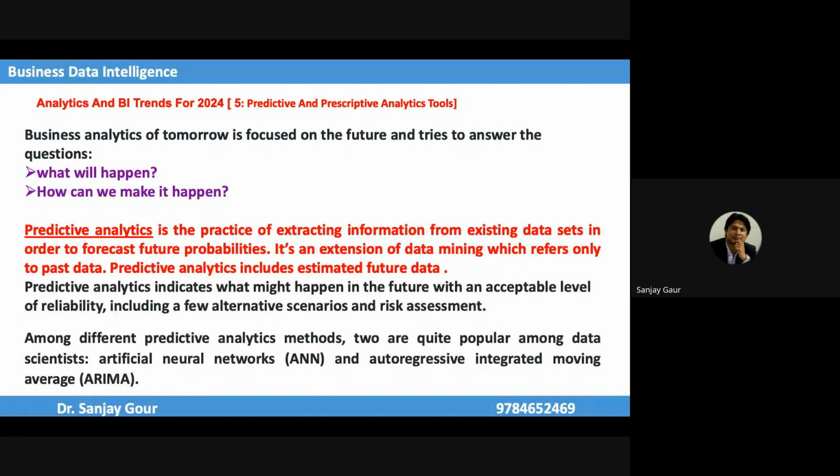Among the different predictive approaches, two are quite popular among data scientists: artificial neural network and the autoregressive integrated moving average, ARIMA. Right now, advanced implementations of the ARIMA model are one of the important concerns in making data intelligent data.